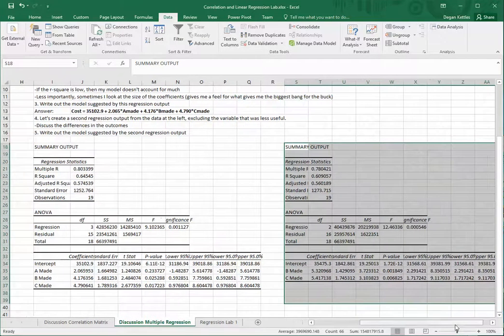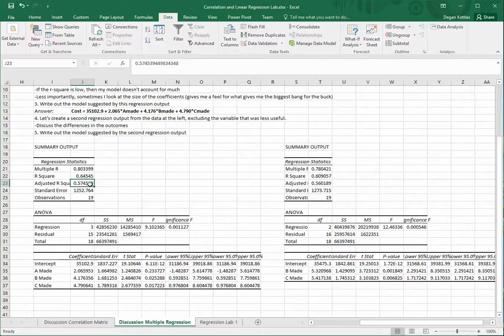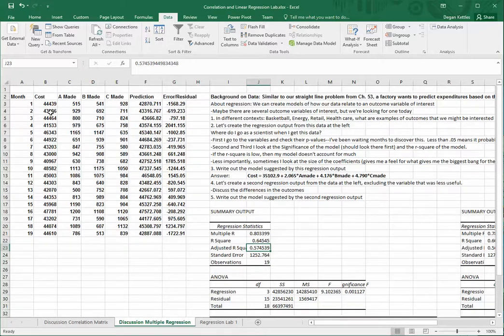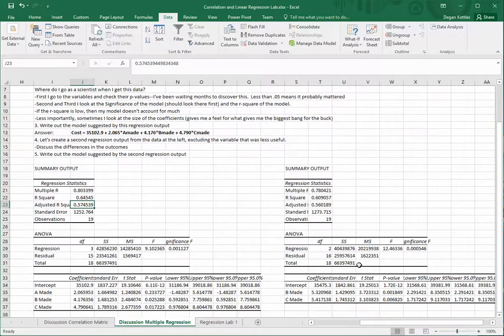Okay, so left to right, r squared. This one's 0.574, this one's 0.56. Which one's better? Well, a higher number is better, so that looks like this model's better in terms of predicting the variances that happened in this outcome variable.